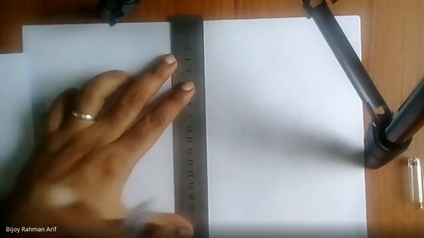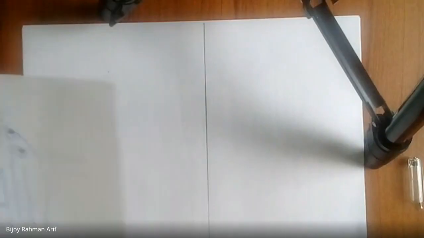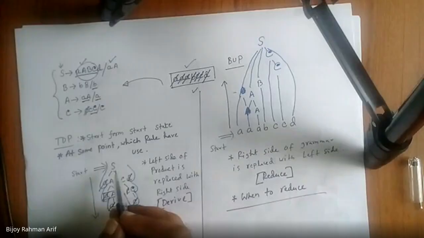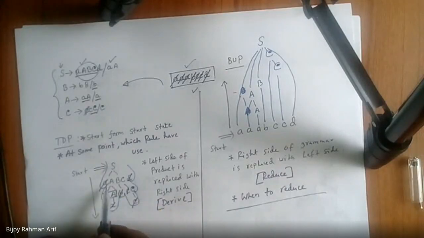So let's try to derive. In the top-down parser, what is happening? First, S becomes what?